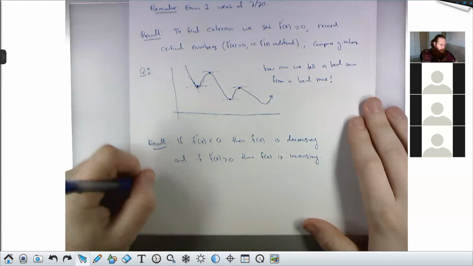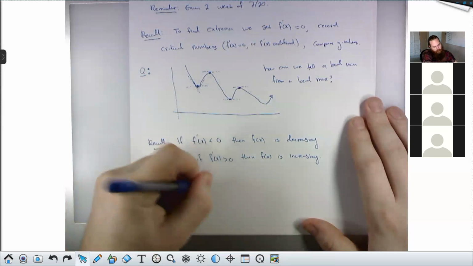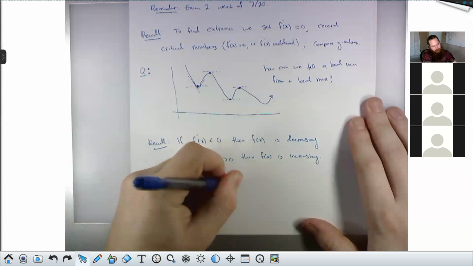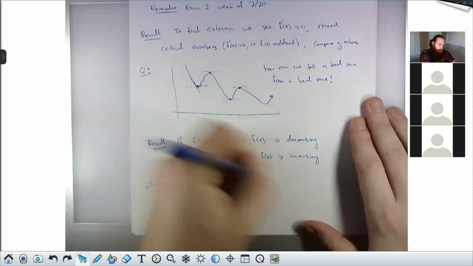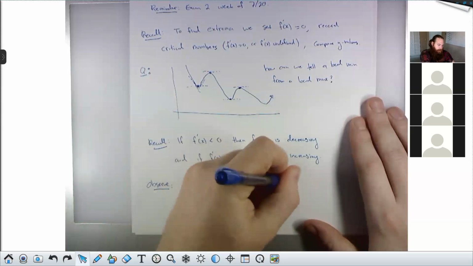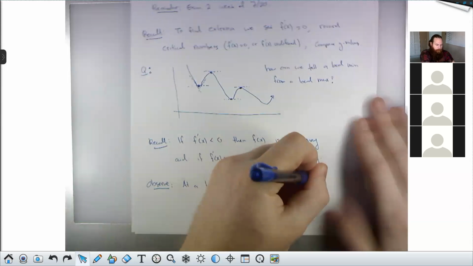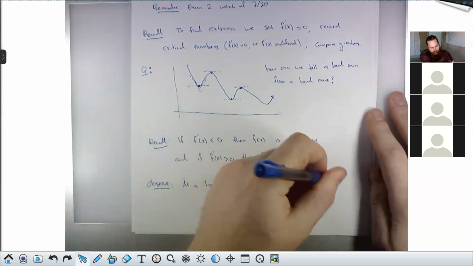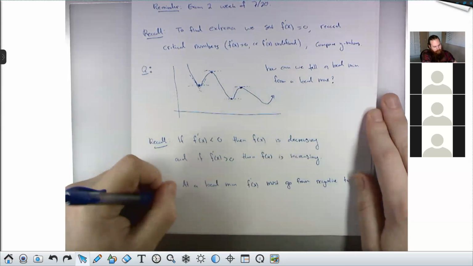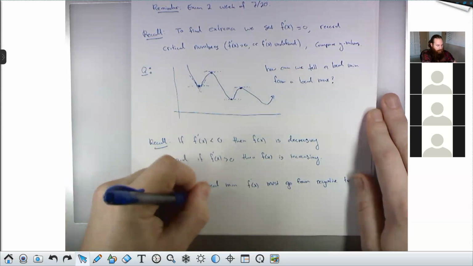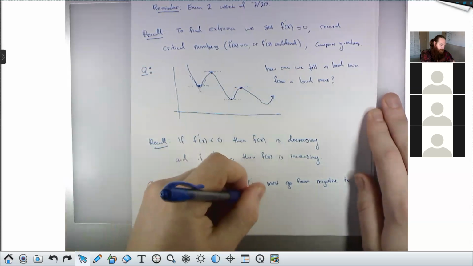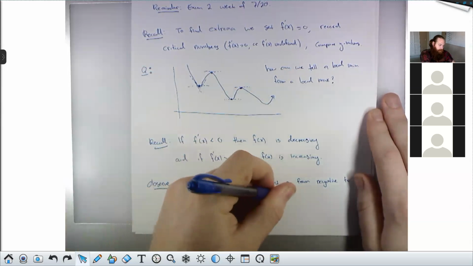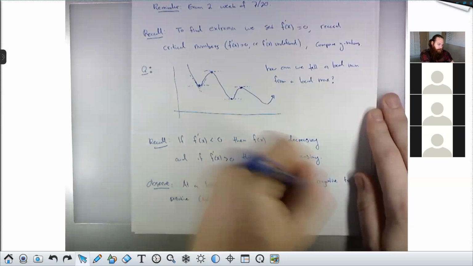And then observe at a local min, f prime of x must go from negative to positive, because f of x goes from decreasing to increasing.